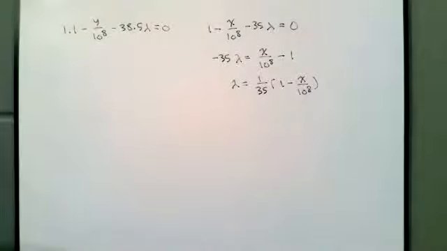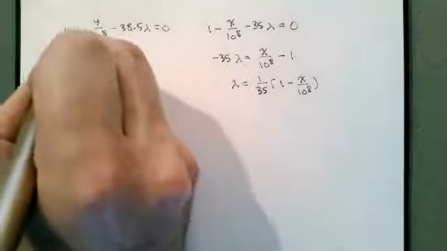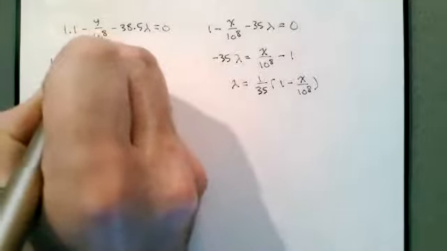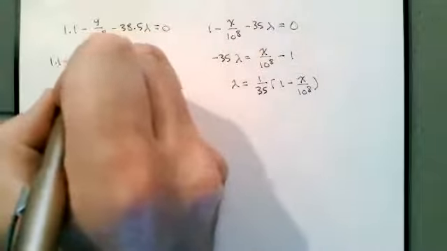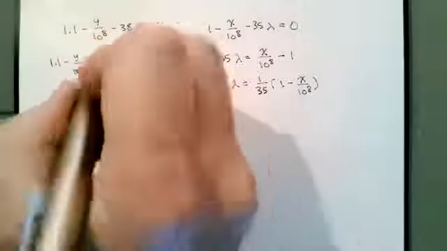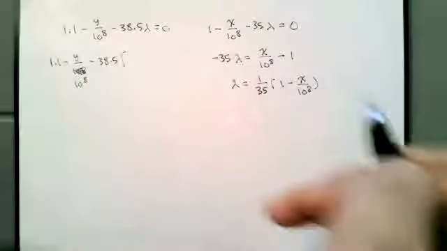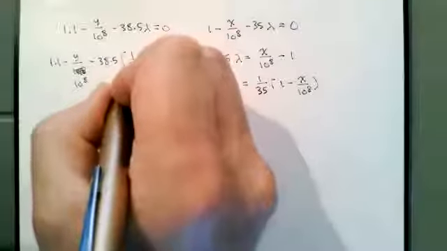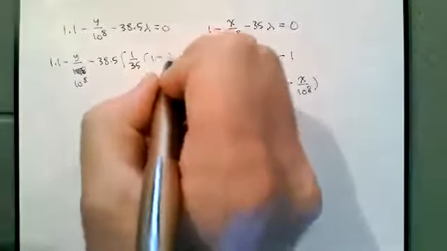And then we'll put that into our y equation: 1.1 minus y over 10 to the 8th minus 38.5 times our expression for lambda, which is 1/35 of 1 minus x over 10 to the 8th.